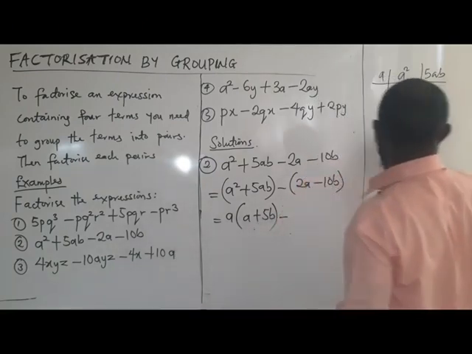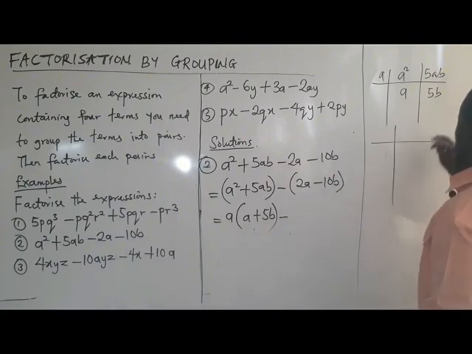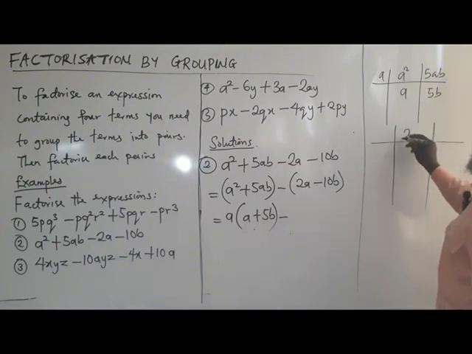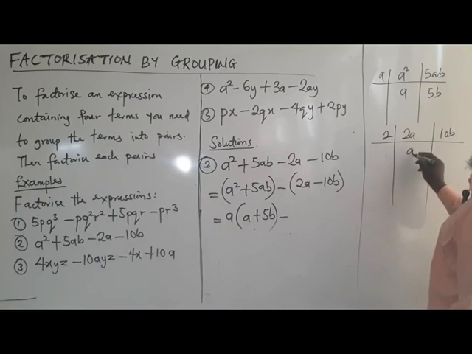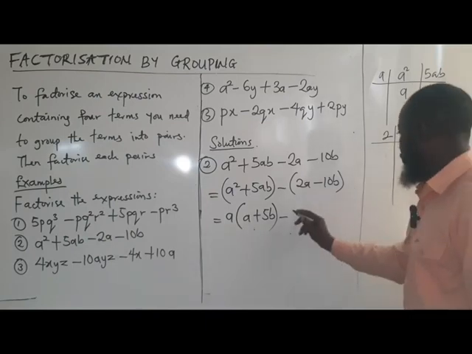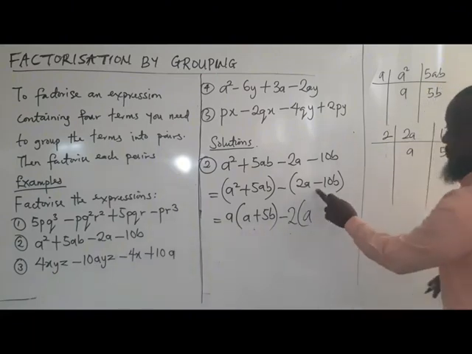Minus, so the same thing here, we do this one. We have 2a, then 10b. What is common? 2 is common. Then we have a left, then 5b. In that case, you have to be very clear: what we have here is minus.